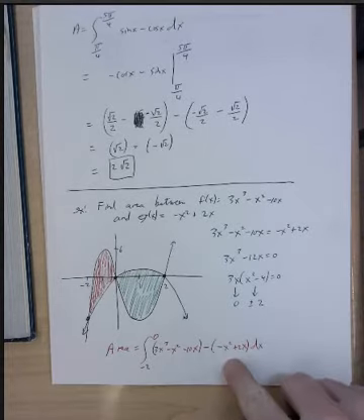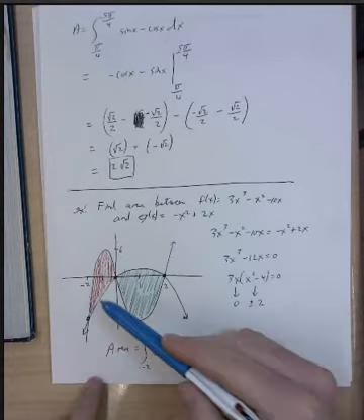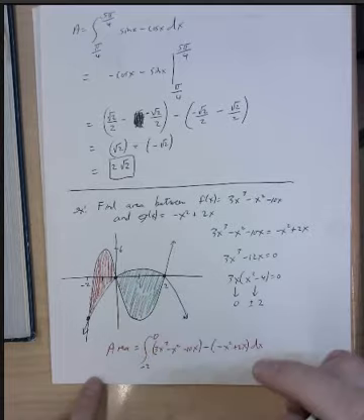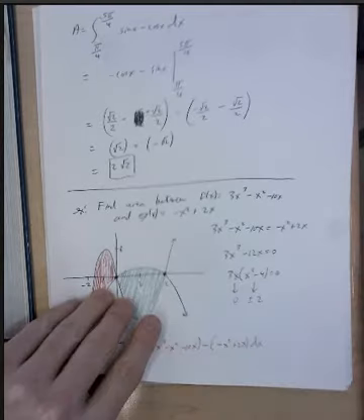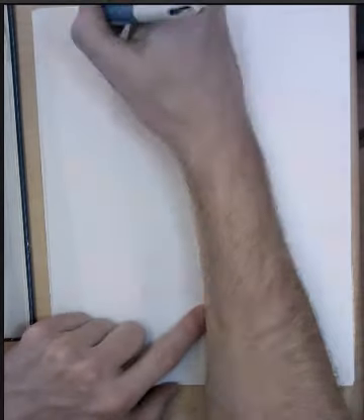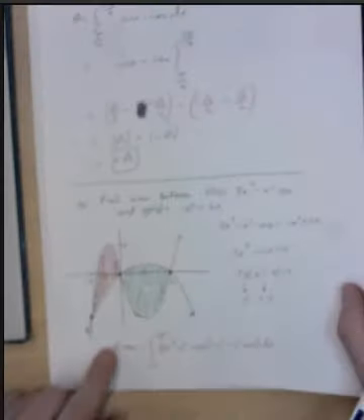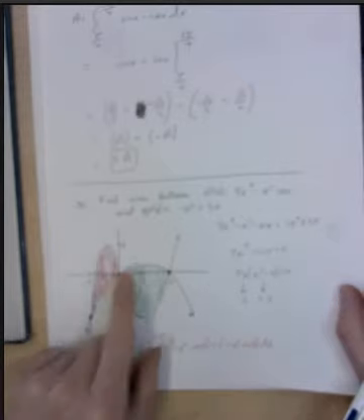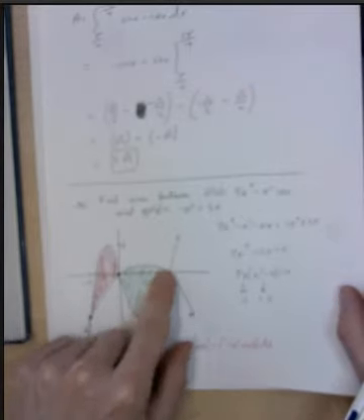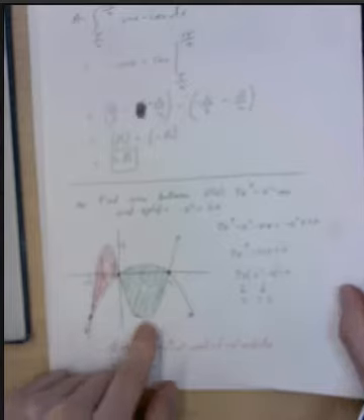So that's the area of the red region. And then we're going to add to the area of the red region the area of the green region, which we'll write over here. So that's going to be the integral. And as we can see in the green region, we're going to go from 0 to 2, and the quadratic is on top, so that goes first. The cubic is on the bottom, so that goes second. So we're going to integrate from 0 to 2. Hopefully this is legible.